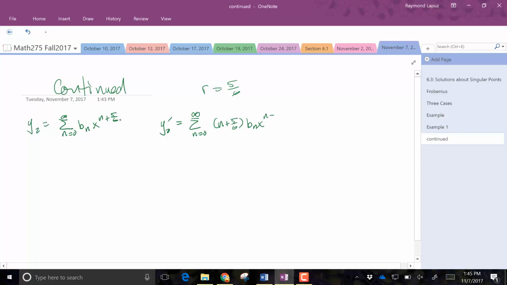We subtract, right? 5/6 minus 1, negative 1/6, right? And then our second derivative, oops, this should be a 1. Our second derivative, n goes from 2. Whoa, wait a minute.